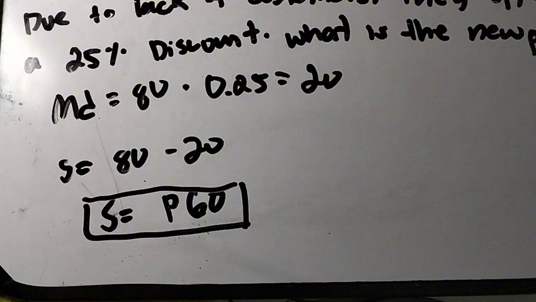So to get our markdown, we do 80 multiplied by the percentage. This time here it is 0.25, and instead of adding them, we will be subtracting them. So to get the selling price, it's 80 minus 20, which will equate to 60 pesos.